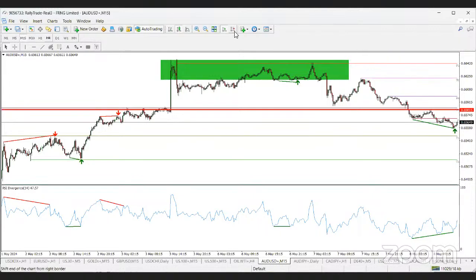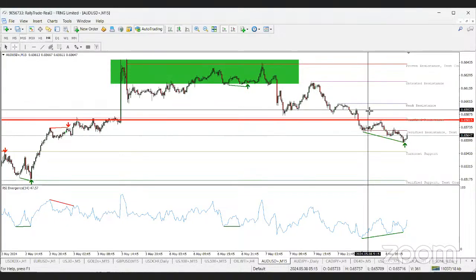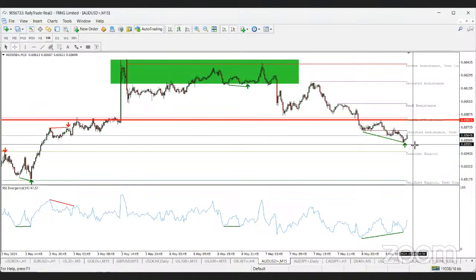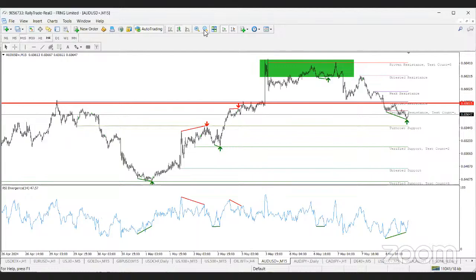Expect some level of retracement, which is what it is doing now, but I'll be looking to sell from 0.65810. In the event that it doesn't get to that point, I think that's one of the best places for me to sell AUD/USD from.